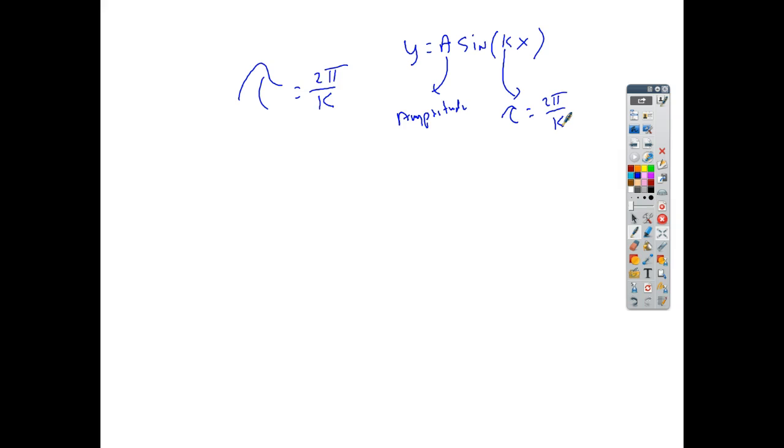Now, beautiful so far? So if I'm going to graph something, let me graph something easy. Let's do y equals 3, sine or cosine? Sine.